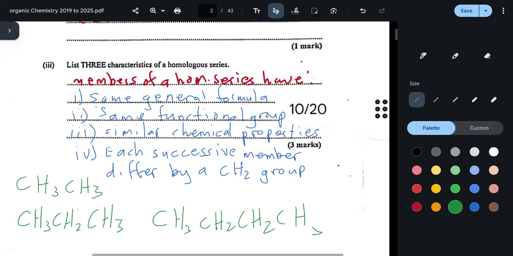Then you have one CH2 group for propane, two CH2 groups for butane, and then three CH2 groups for pentane. So each successive member differs by a CH2 group. So this has zero, this has one, this has two, pentane would have three, hexane would have four, and so on. So that is what this is saying. Each successive member differs by a CH2 group.